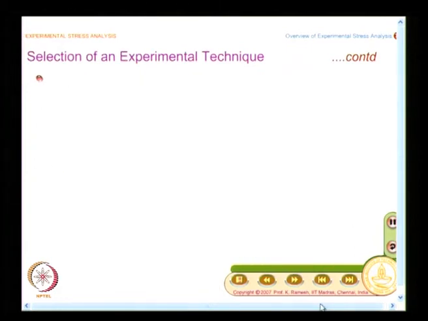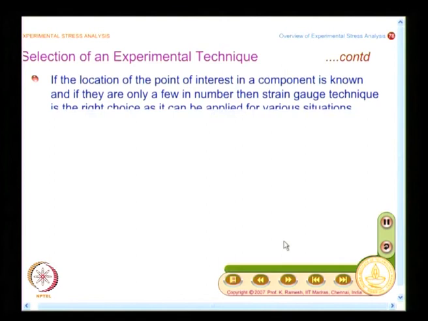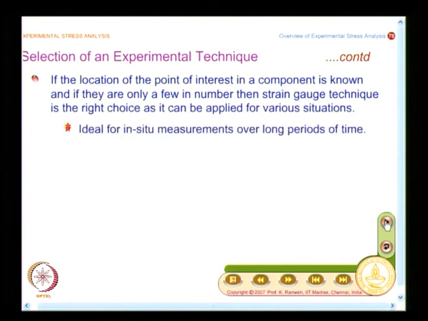And then let us look at what all the classes of problems are that they can do. And if you know a priori the points of interest where you have to get quantitative data, and these are only a few in number, then the strain gauge technique is the right choice, as it can be applied to various situations.